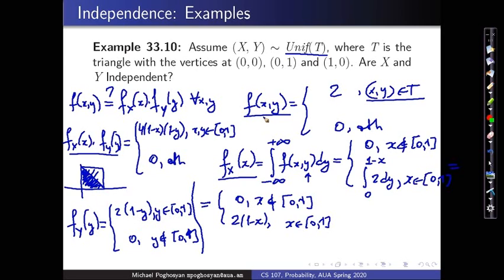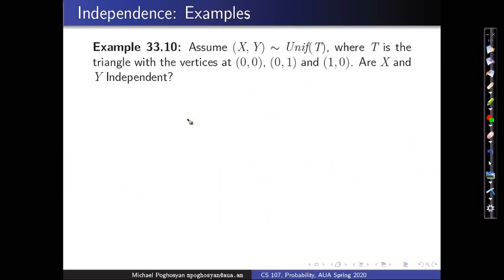So the joint is not equal to this product for any x and y. So that means that they are not independent. They are dependent. Okay. Let's move forward.